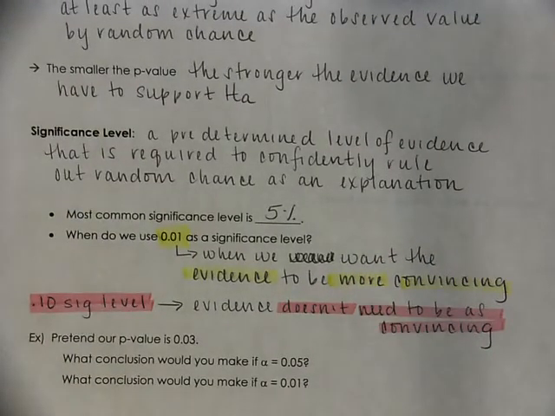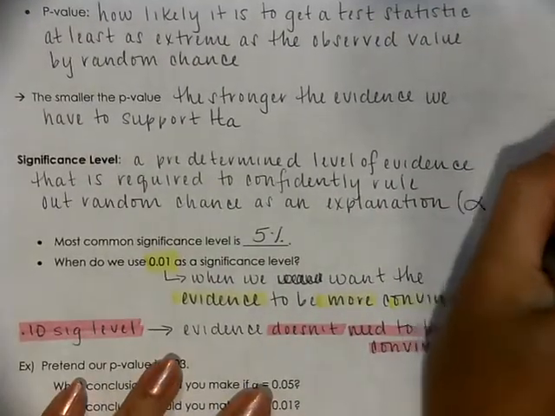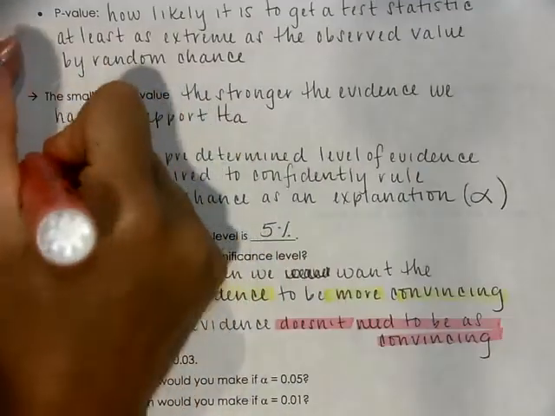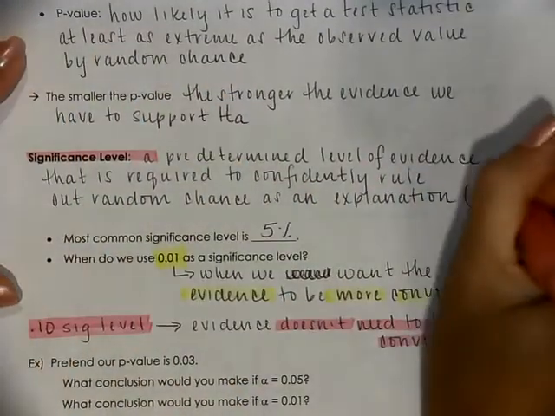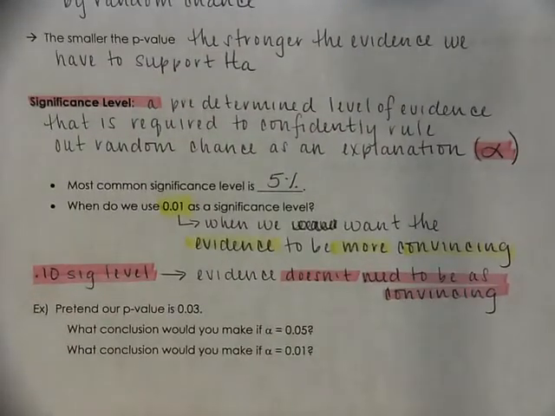So now, let's just pretend our p-value is 0.03. What conclusion would we make if our significance level, and keep in mind the symbol for significance level is alpha, is our usual, which is 5%?